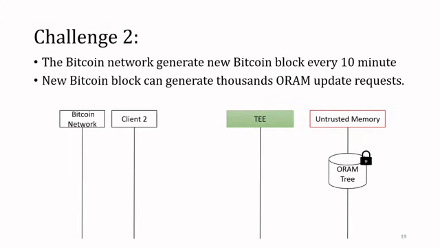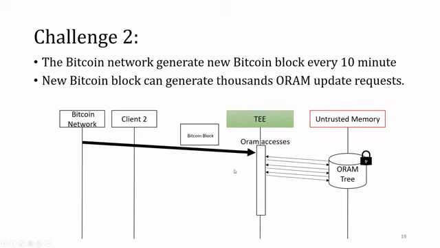Similarly, in our setting, the Bitcoin network generates a new Bitcoin block every 10 minutes. The new Bitcoin block can generate up to 1,000 ORAM update requests. So if a client sends a request during this update, their request will get blocked by this update procedure.